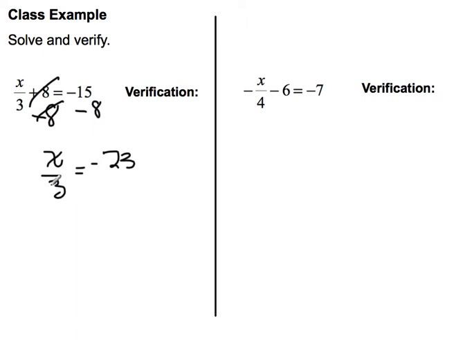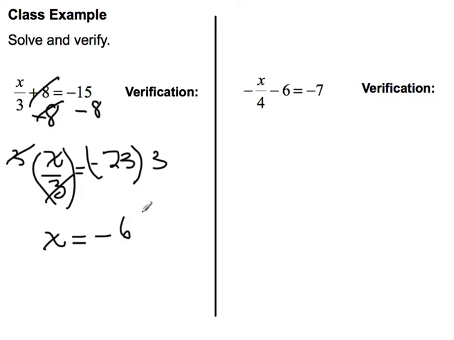This is some number divided by 3, so we're going to times by 3. So those two cancel, and I get negative 69. I'm going to leave that one, and I'll verify the other one for you, just in case.